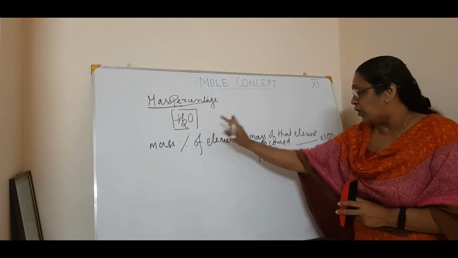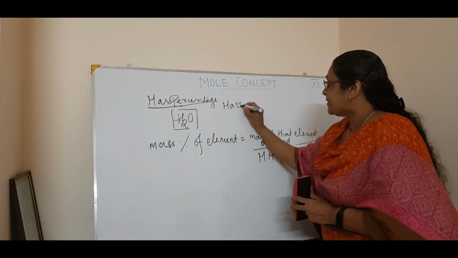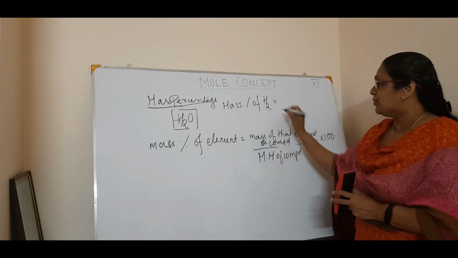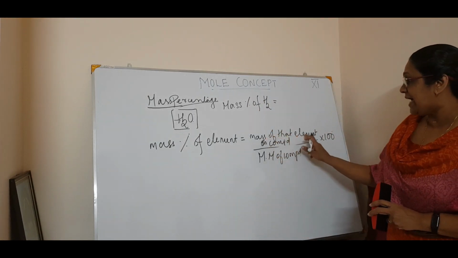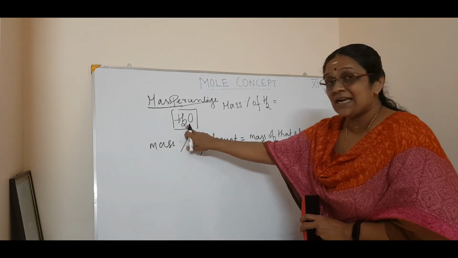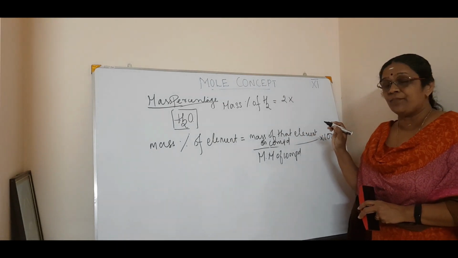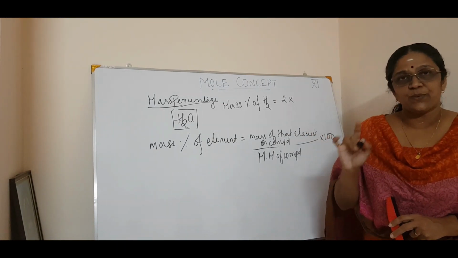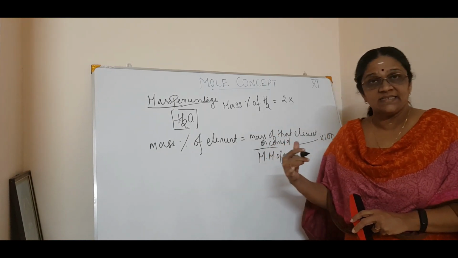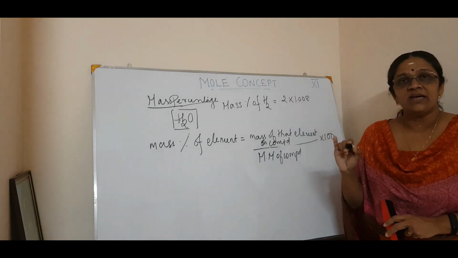So for water, I will write the mass percentage of hydrogen is equal to the mass of that element in the compound. How many hydrogen atoms are there? 2. So 2 into, what is the mass of a hydrogen atom? You normally take it as 1, but from 11th standard onwards, you make it precise, so it is 1.008 you will put, instead of 1.